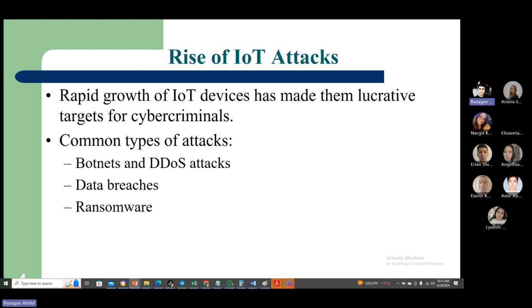These devices, which can include IoT devices such as webcams, routers, and smart home gadgets, are infected with malware that allows them to be remotely controlled. One of the primary uses of a botnet is to launch a distributed denial of service attack. It means we can initiate a DDoS attack by using botnets.